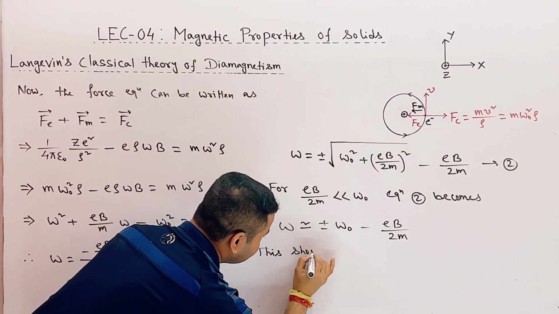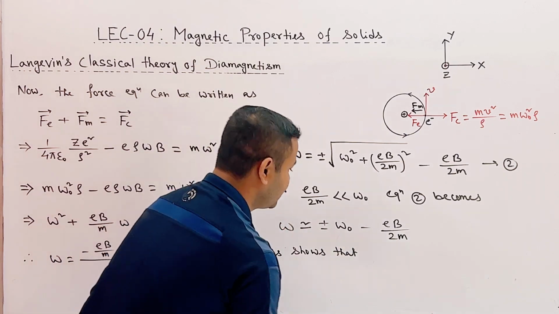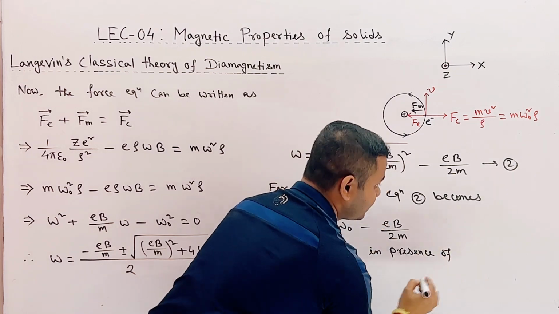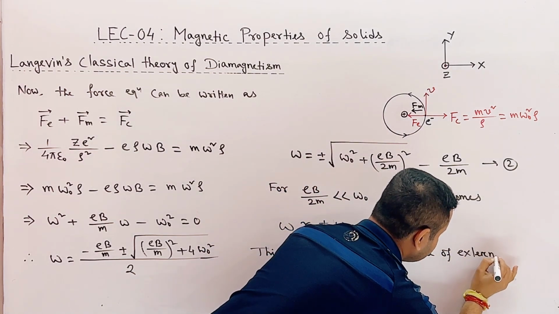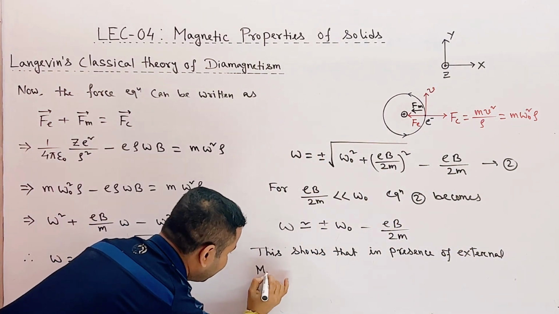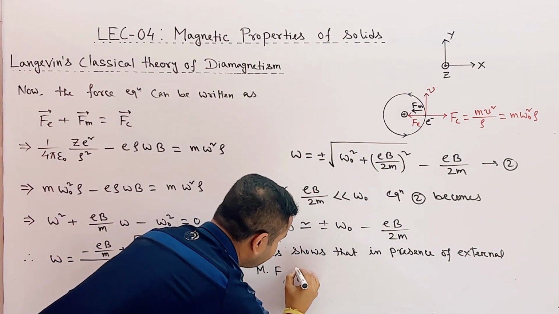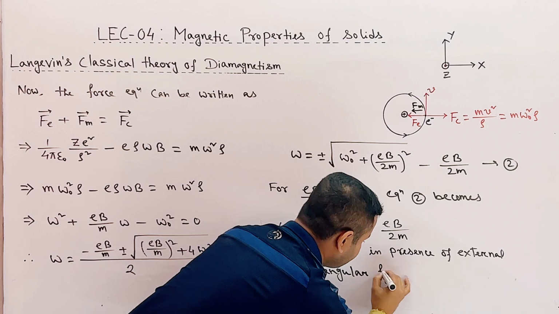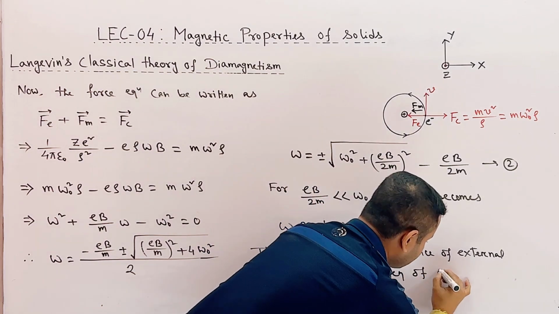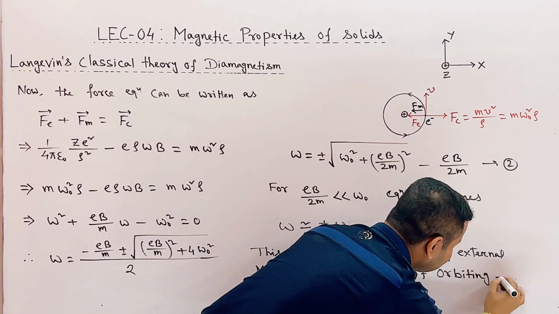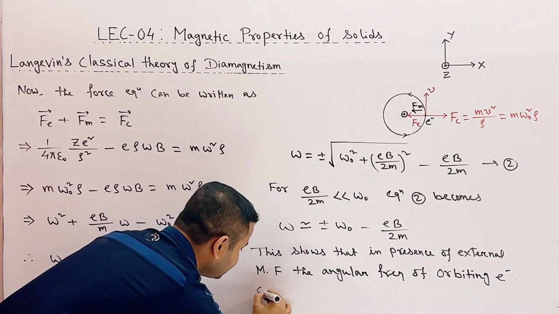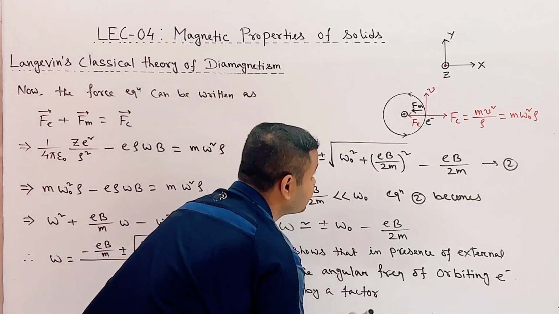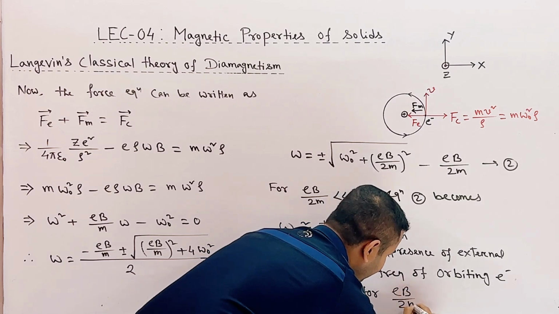Now let me write this point. This shows that in presence of external magnetic field, the angular frequency of orbiting electron changes by a factor eB by twice m.